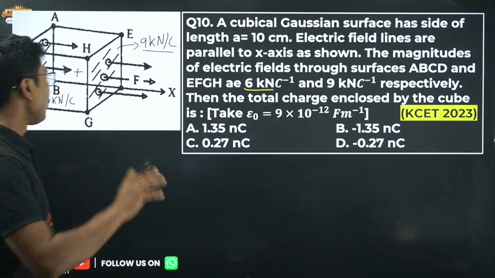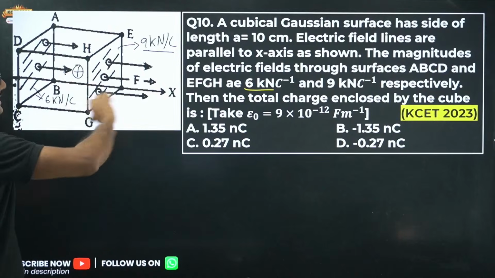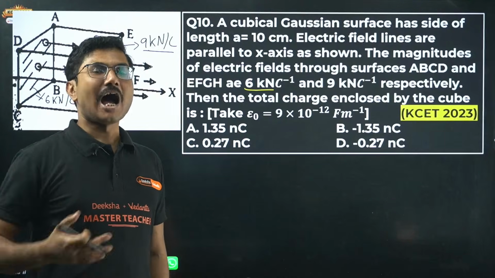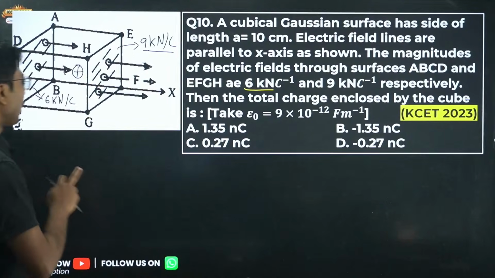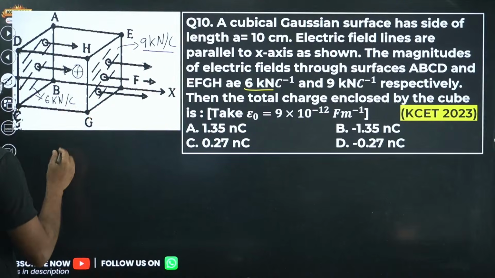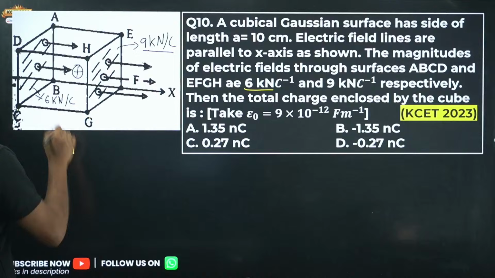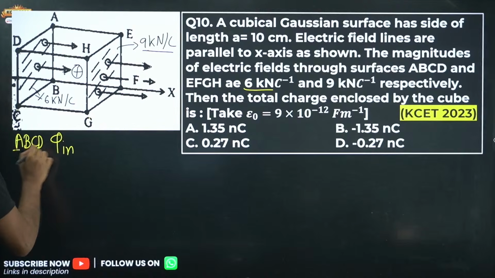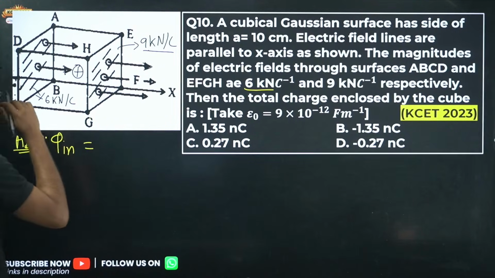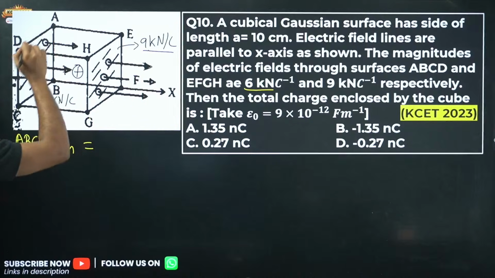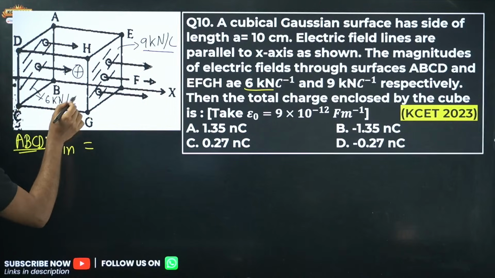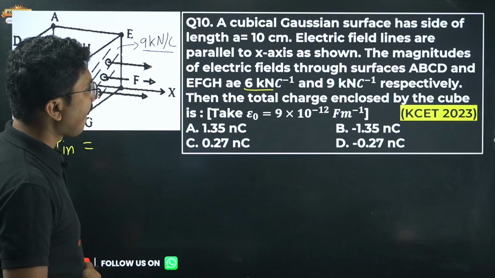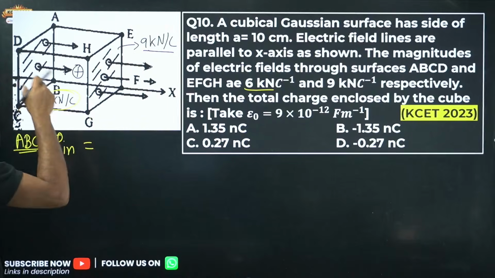So understand that positive charge means the net outgoing flux is positive. Negative charge means the net outgoing flux is negative. Now what is flux, by the way? Flux is very simple. Flux in on side ABCD is given by the electric field times the area. Sorry, the electric field is given, not the flux.